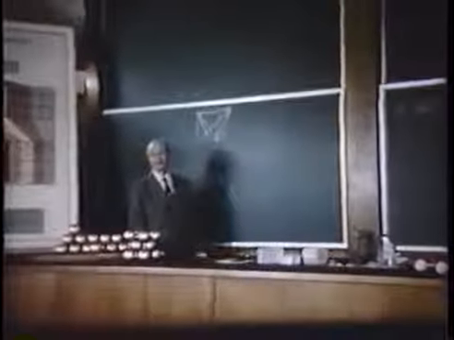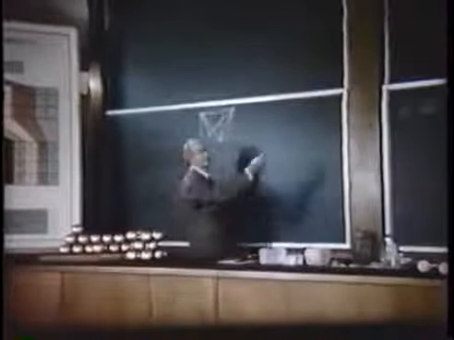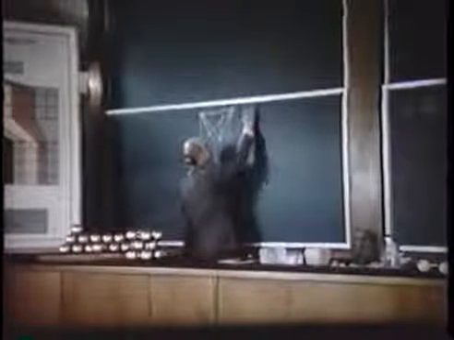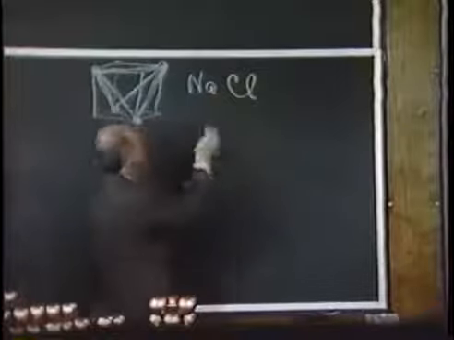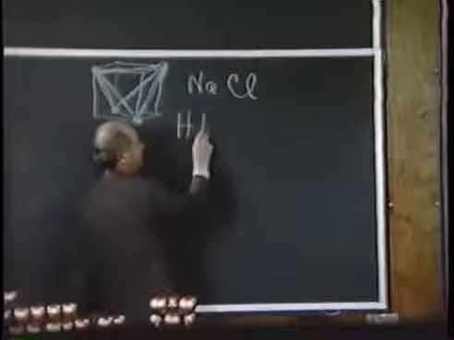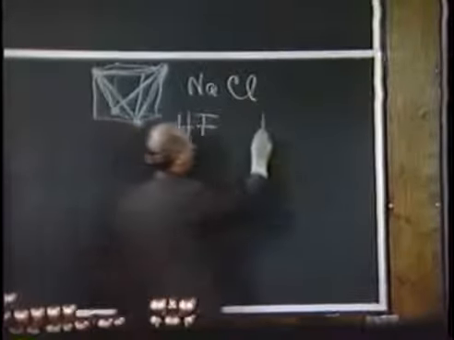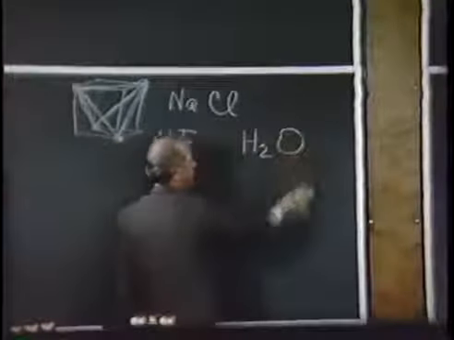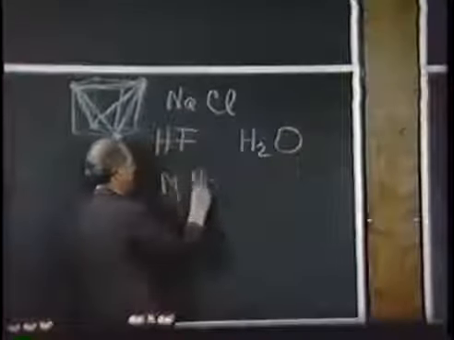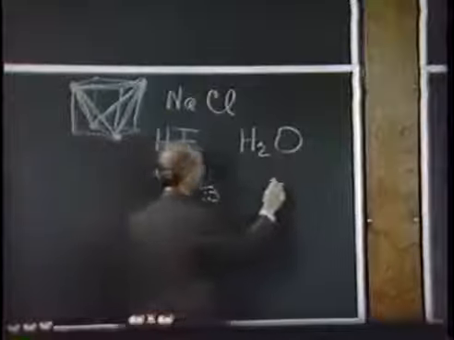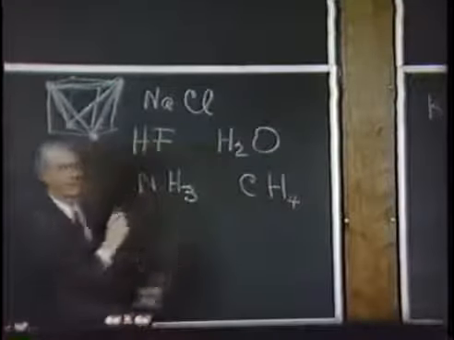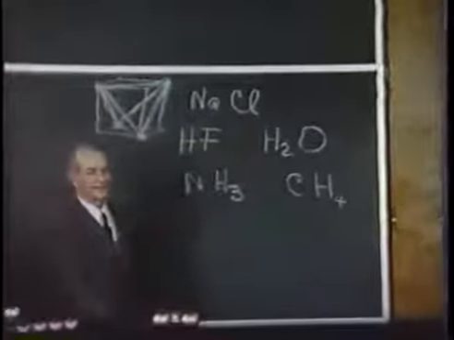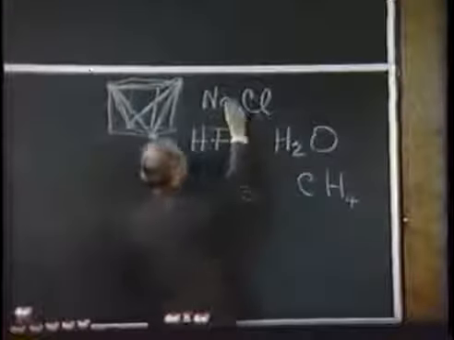It was known at that time that substances such as salt have formulas such as NaCl, hydrogen fluoride is HF, water, H2O, ammonia, NH3, methane, CH4. It was suggested that there are bonds that hold the atoms together.